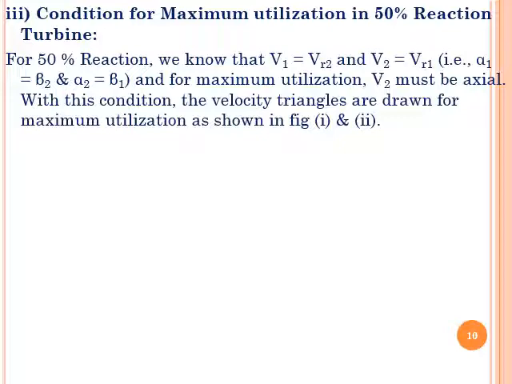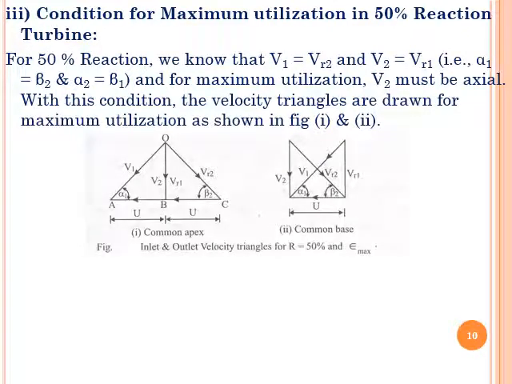And for maximum utilization, V2 must be axial. With this condition, the velocity triangles are drawn for maximum utilization as shown in the figure.